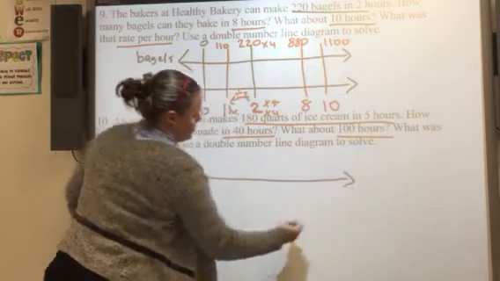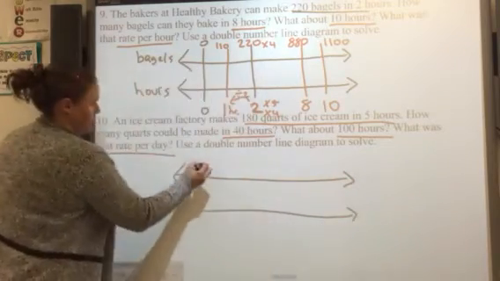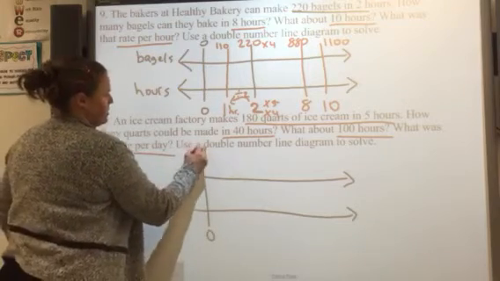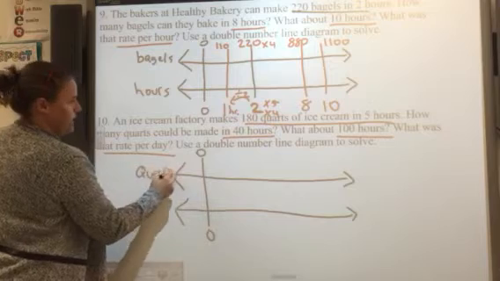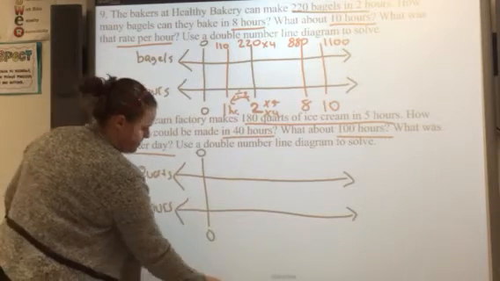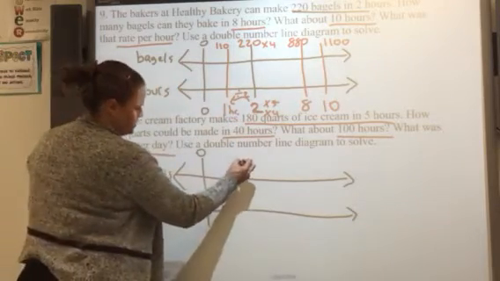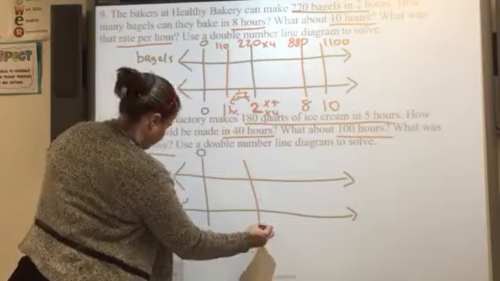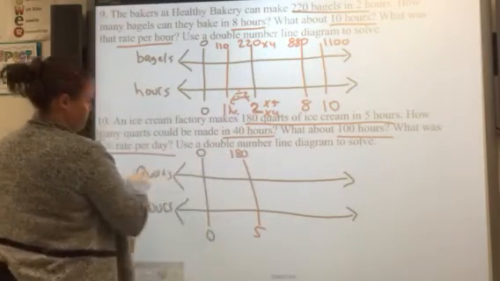When you're drawing your double number line, don't forget to label it. It's an important part. So I've got quarts and I've got hours. And my first piece of information is 5 hours, 180 quarts.